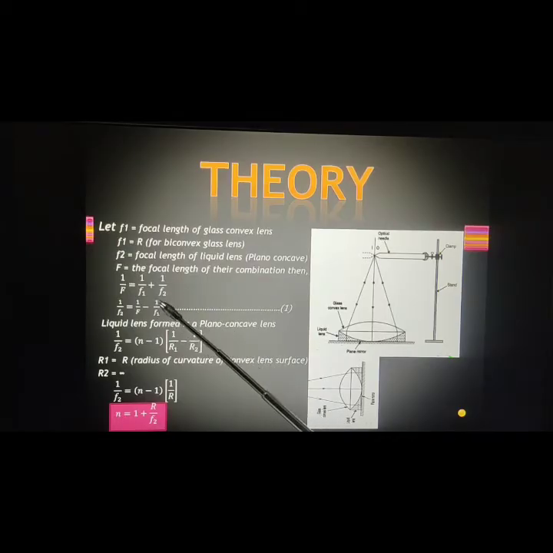Our goal is to find F2. So rearrange the terms and calculate F2.